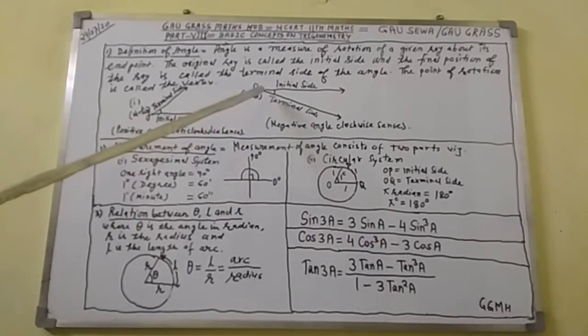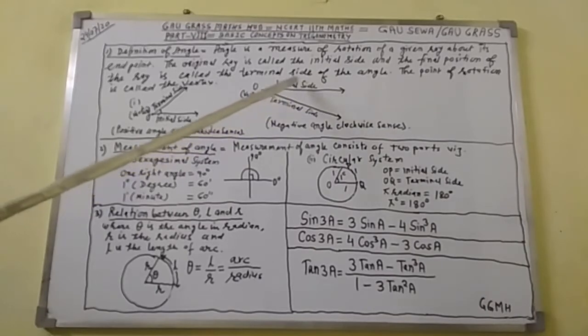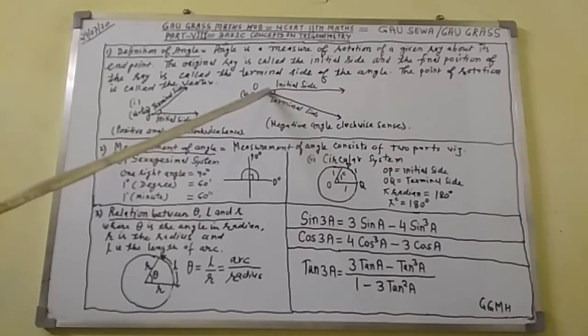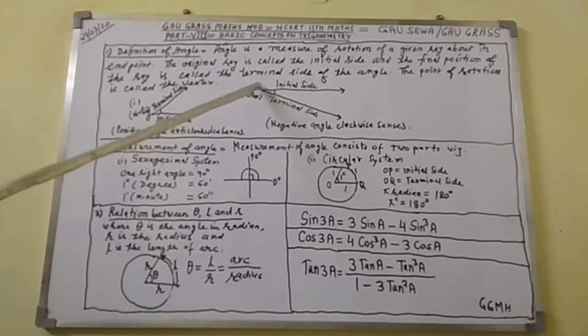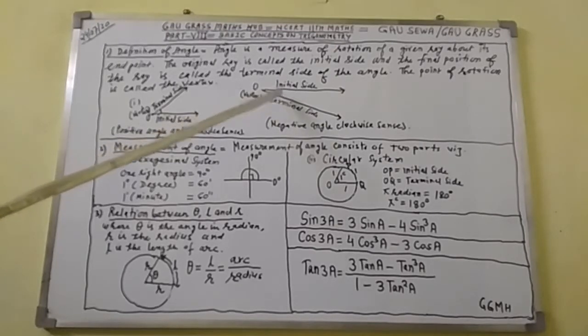Now come to the next one. Here, this is the original ray, which is called the initial side. If you move from the initial side in the clockwise direction, the ray has now shifted towards the terminal side.